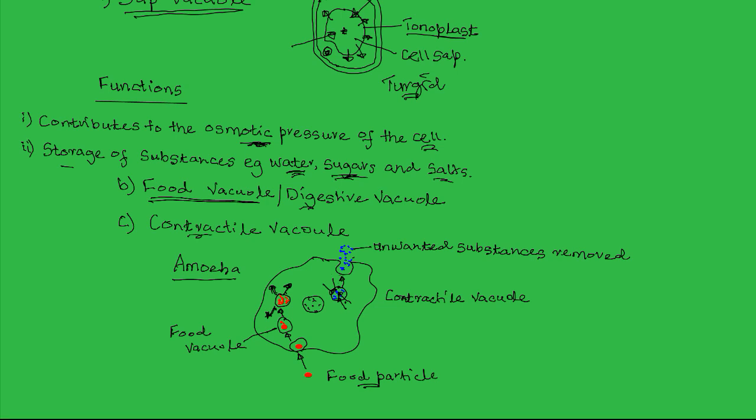In that way, contractile vacuole is used for excretion, that is removal of either unwanted substances, substances that are in excess, or the waste products from metabolic reactions.